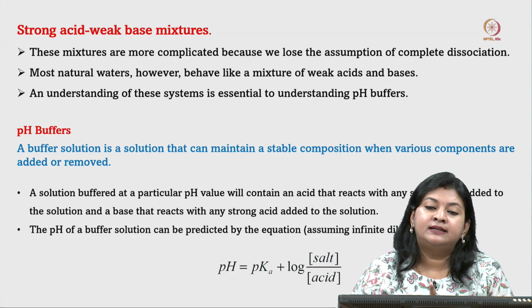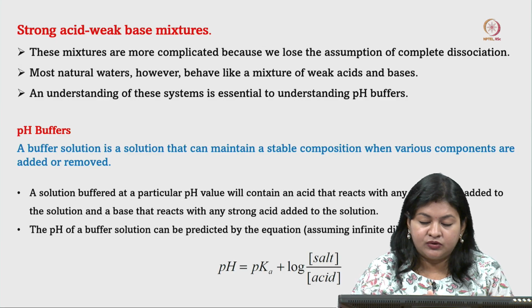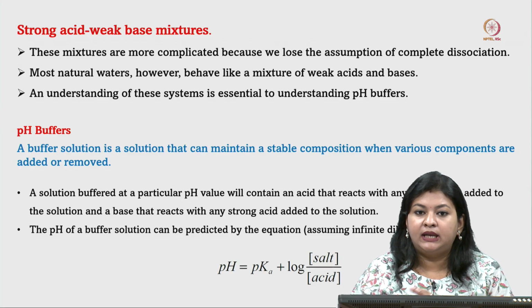That means if any strong acid comes into the system, it will very quickly reduce its impact, or there is a very strong base continuously interacting to remove the acid from the system, so that the pH is maintained.